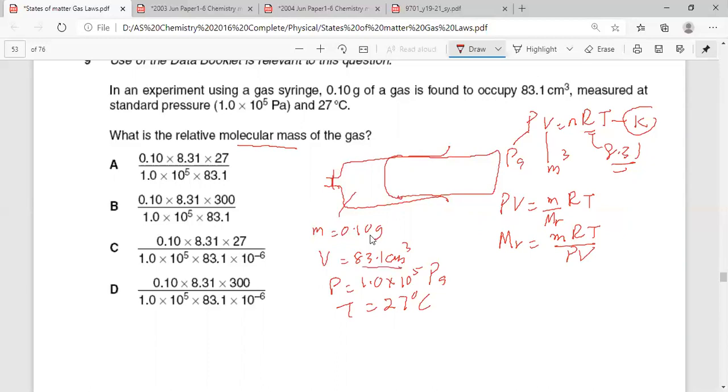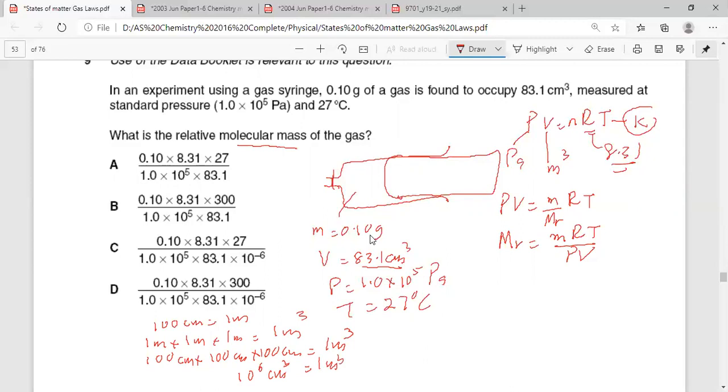Now we do a conversion from cm cube. Remember, 100 cm is equal to 1 meter. So 1 meter times 1 meter times 1 meter gives you 1 meter cube. It's 100 cm times 100 cm times 100 cm gives you 1 meter cube, or 10 to the power of 6 cm cube equals 1 meter cube.